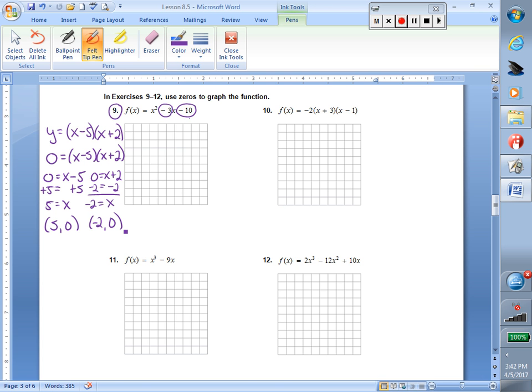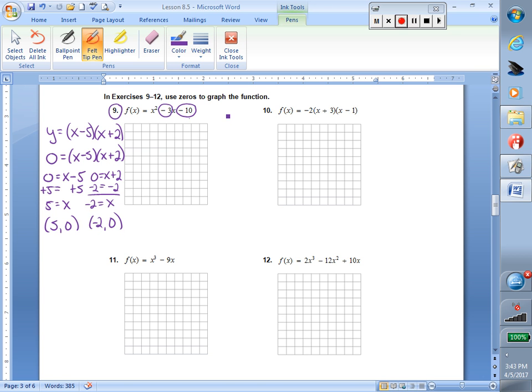So now you might be thinking, Miss Golly, every time we've graphed vertex form, standard form, we've always found the vertex. How do I find that? Remember, our graph is symmetric. So our vertex is going to be halfway between those 2 X-intercepts.